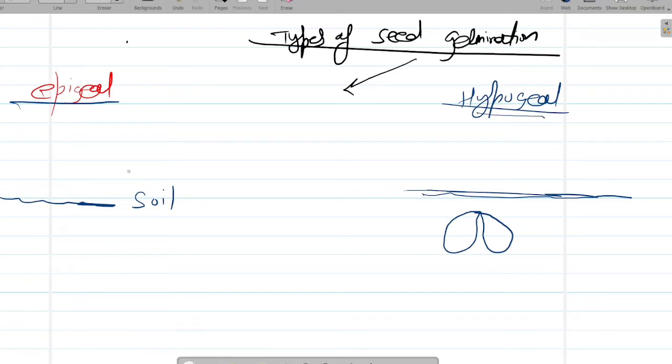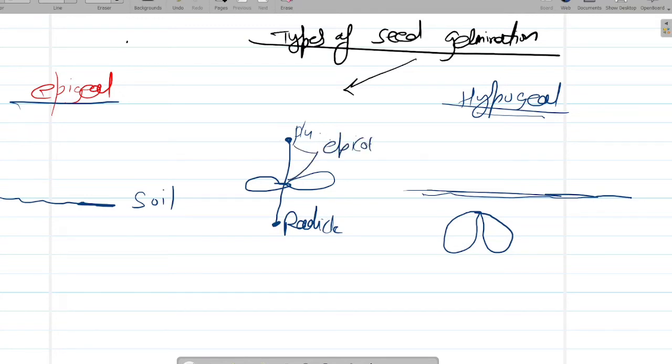Now why does this happen? As I told you, it has the embryonal axis and this is your cotyledon, and this is the plumule and this is the radicle. This area is the epicotyl and this area is the hypocotyl. They will help during germination.